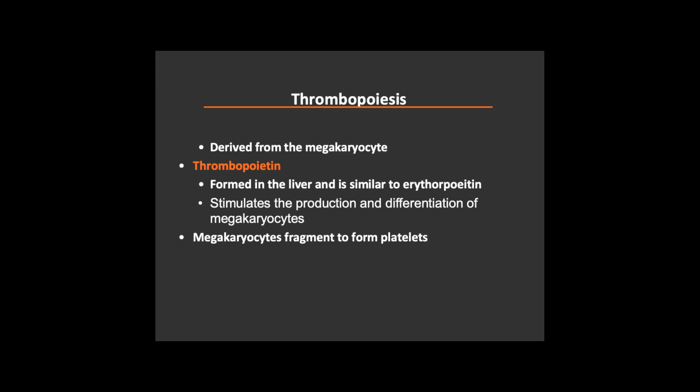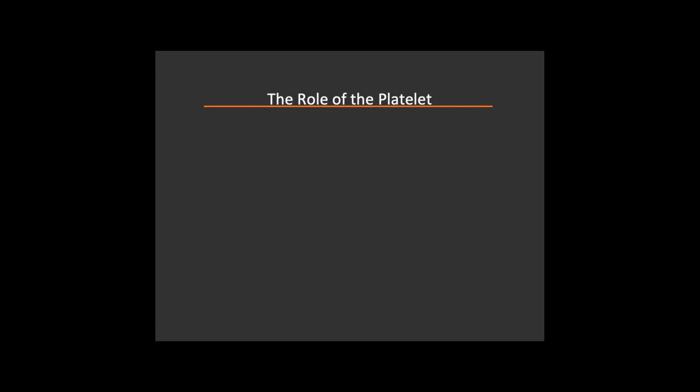Now, just like erythropoietin, which is helping to form red blood cells, thrombopoietin is going to stimulate megakaryocytes and their production as well as differentiation into those platelets. And thrombopoietin is formed mainly in the liver, a little bit in the kidneys, similar to erythropoietin.